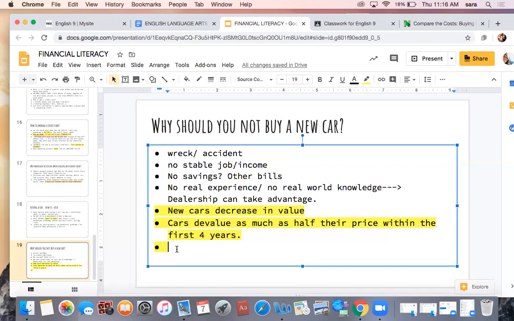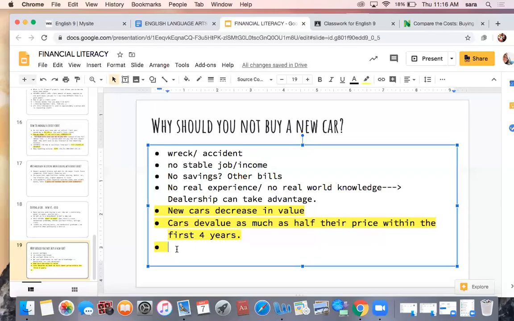So it's really important for anyone, if you're going to buy a car from a dealership, to know what you're getting into. Don't just go mindlessly saying, "Oh, I really want that one, it's super nice," and not even know what you're getting yourself into.